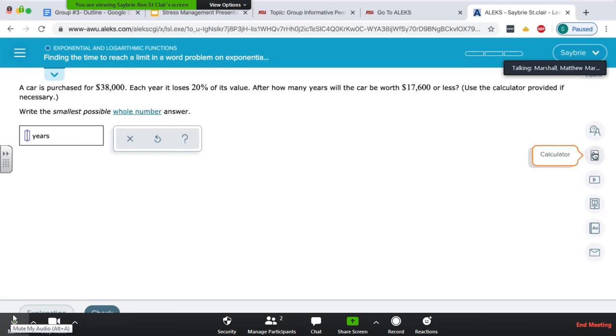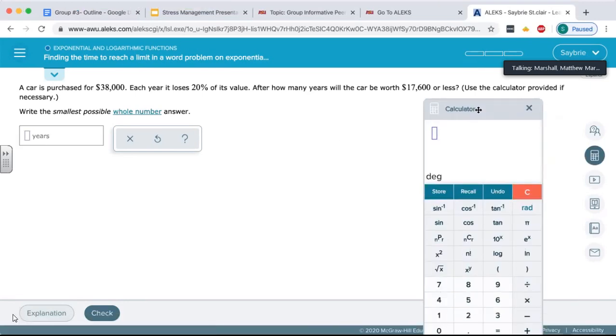So I'm going to write that as 38 times 17,600 times 0.8 to the t power has to be 17,600 or less. So that means 0.8 to the t has to be more than.